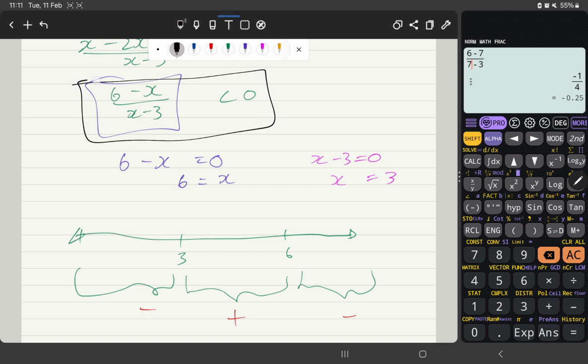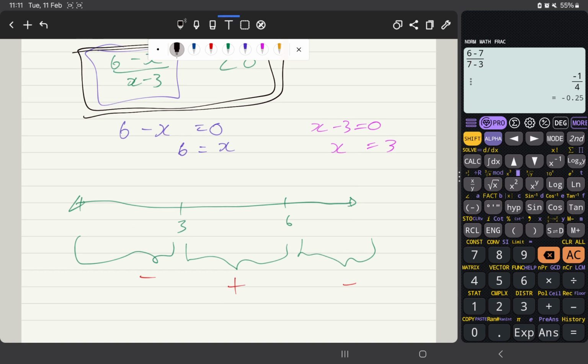Here it is. That expression, the fraction 6 minus x all over x minus 3, has to be smaller than 0, implying that it has to be negative. And that is going to be true only in places where my x is from negative infinity to 3, close bracket, and then union from 6 to positive infinity, right?